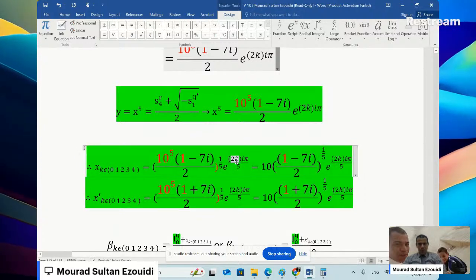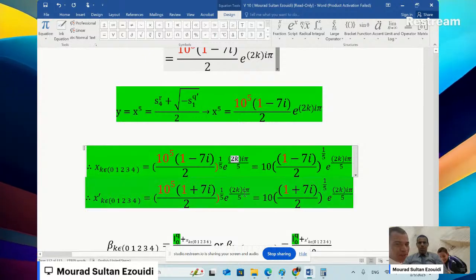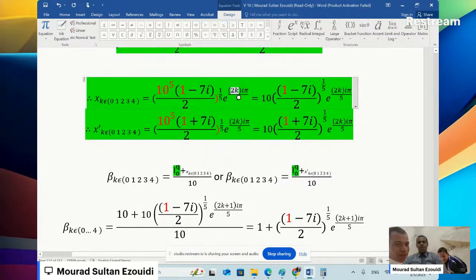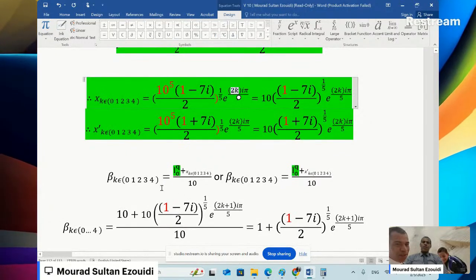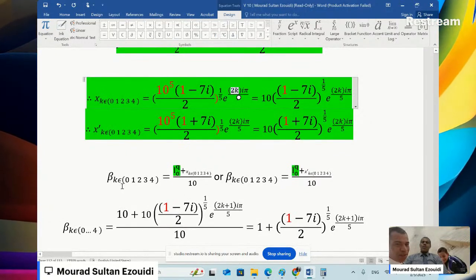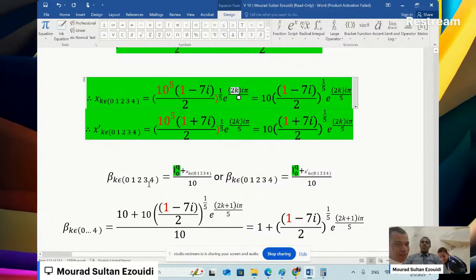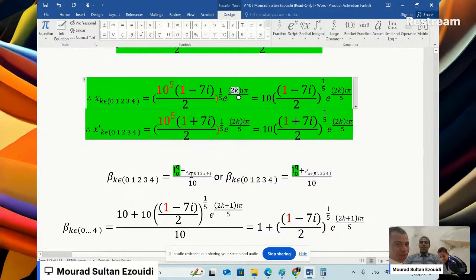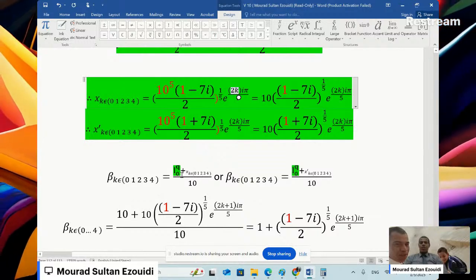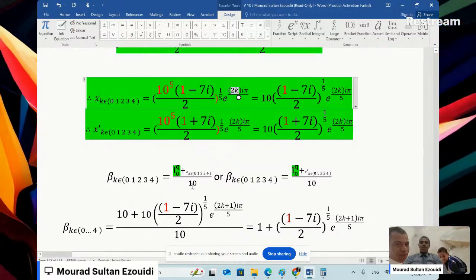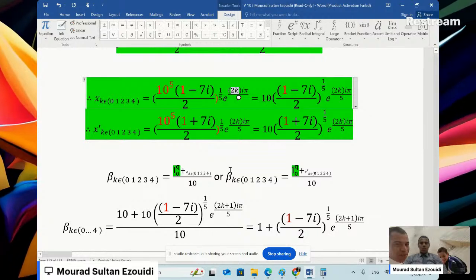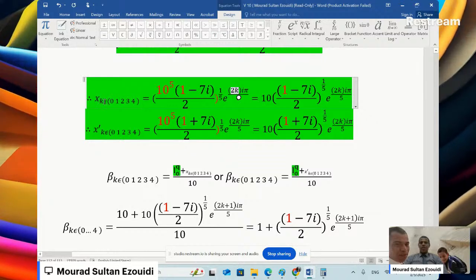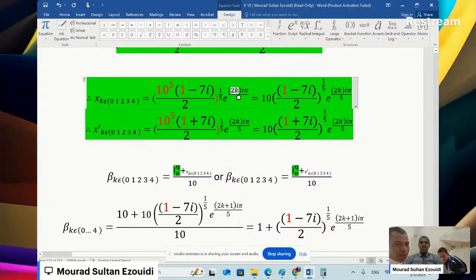Now I found the x roots. To find now the roots of my original equation, we use the formula beta subscript k, k ranges from 0 to 4, is S0 for the 2 plus x subscript k, k ranges from 0 to 4, divided by 10 because the highest power is 10. Because this is x dash, this is x. This is 5x, 5x, this is 5x.